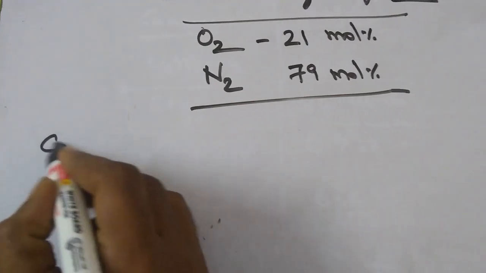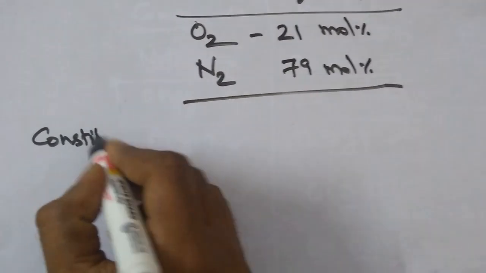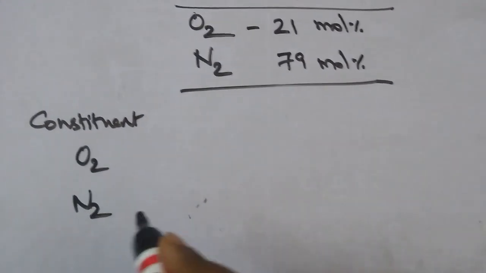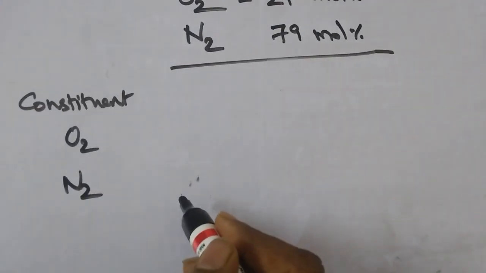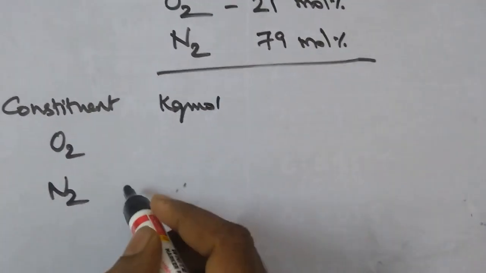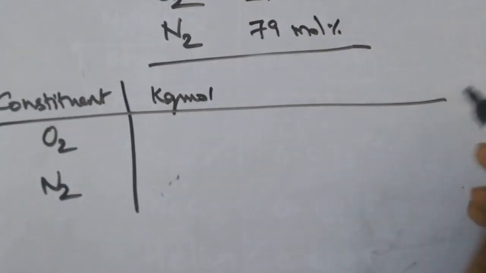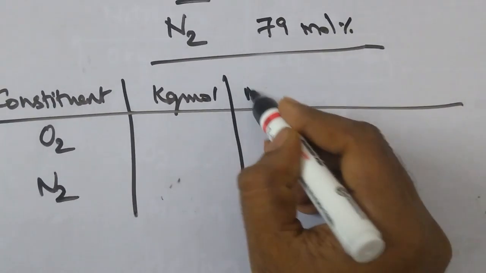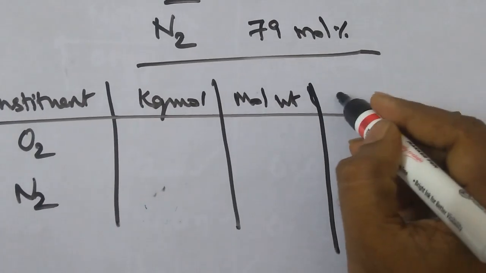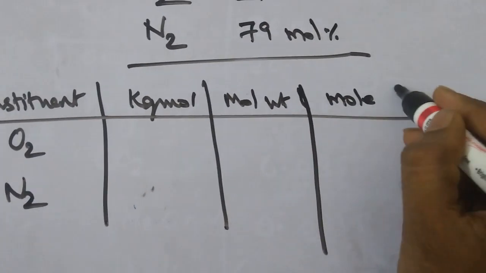I will write the constituents: oxygen, nitrogen. We write the kg moles, the molecular weight, and the mole fraction.